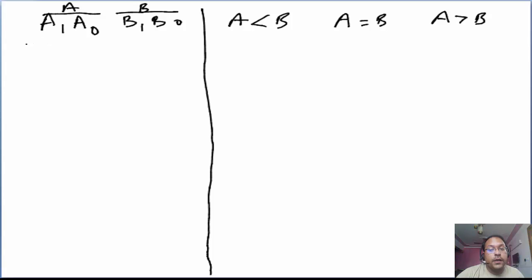So for these 4 inputs we are going to have 16 combinations.